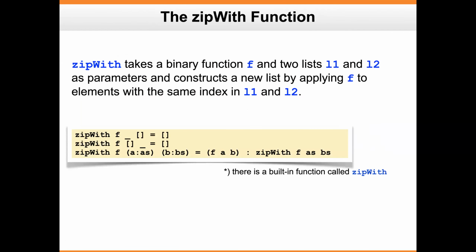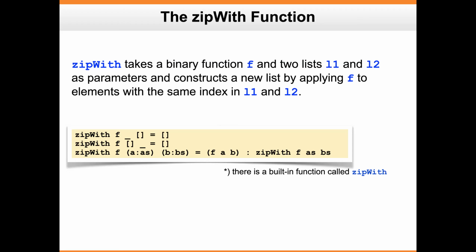Okay, in Haskell and in many other functional programming languages, but also in Scala, there is this zip function. In Haskell, it's called zip with. The function takes a binary function f as a parameter and 2 lists, L1 and L2, and constructs a new list by applying the function parameter f to the elements of the input lists with the same index in a pairwise way.